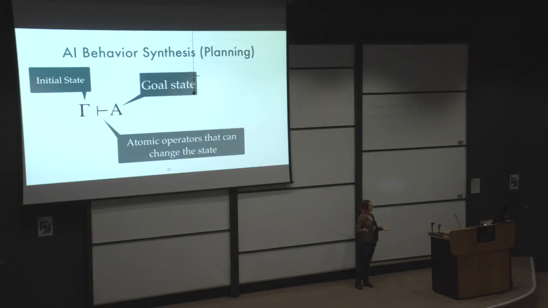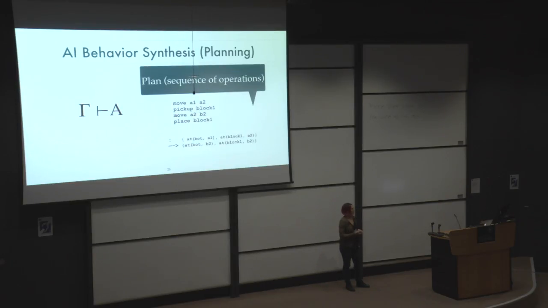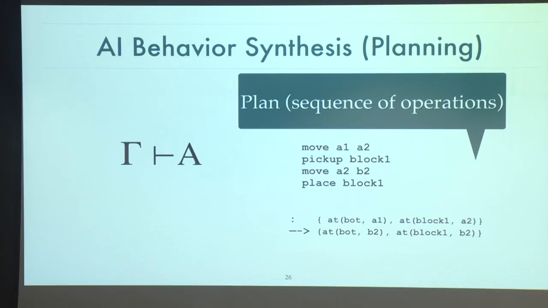You have an initial state, which just describes how the world is set up in the beginning, and you have a goal state. And when you provide these things, a planner generates a plan, which is a sequence of operations getting you from the initial state to the goal state.